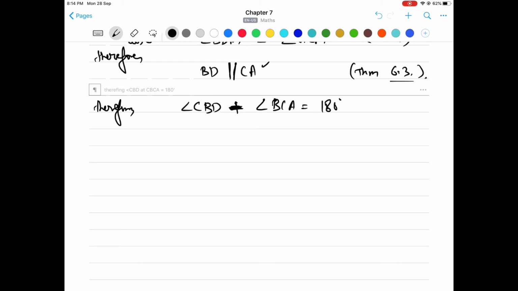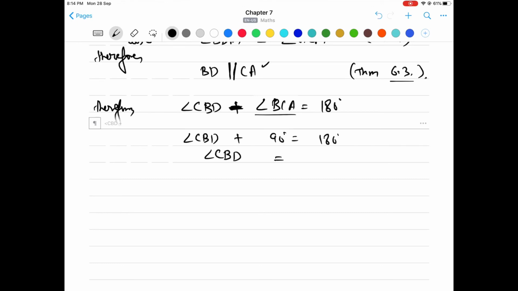Since they are consecutive, the sum of the consecutive angles on the same side of the transversal is 180 degrees, and we have BCA as 90 degrees, so CBD plus 90 degrees equals 180 degrees. So angle CBD will be equal to 180 degrees minus 90 degrees, and angle CBD will be equal to 90 degrees.